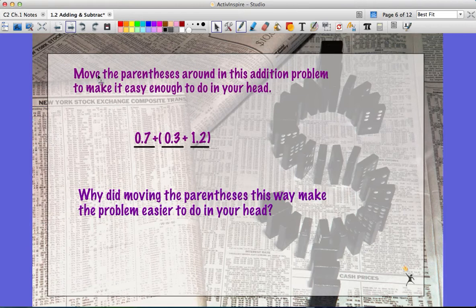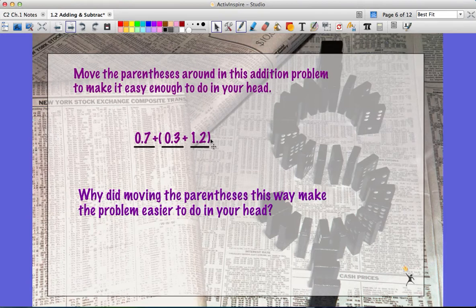All right, so the reason we move parentheses is to make the problem easier for us to do in our heads. When we want to make problems easier to do in our heads, it's nice to work with numbers that end in 0, like our tens, hundreds, all those numbers. So we like to find decimals that will add to 1. In this case, if I had to do 3/10 plus 1 and 2/10 first, it wouldn't be that easy.